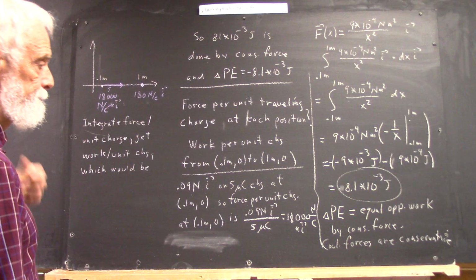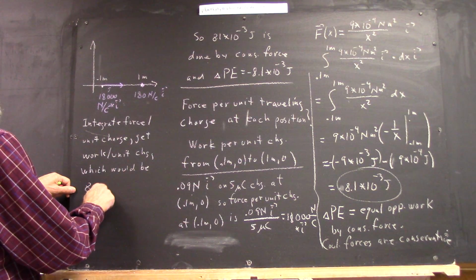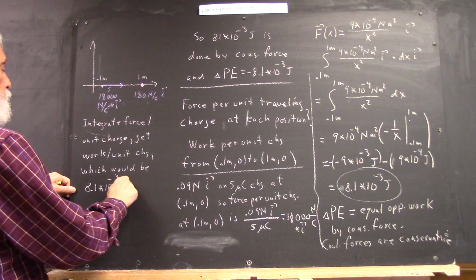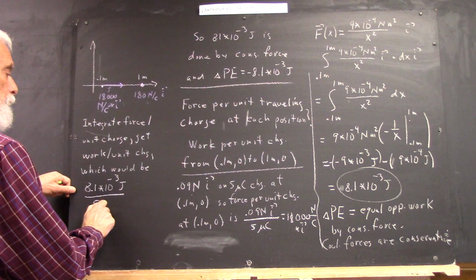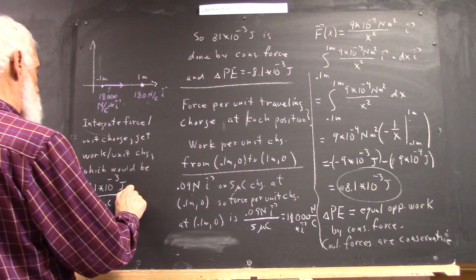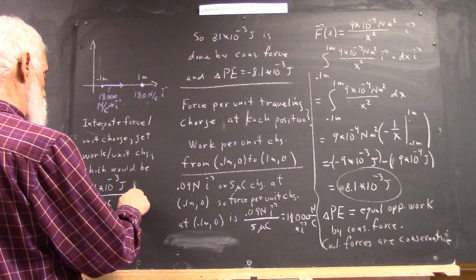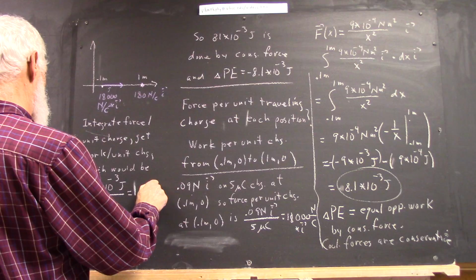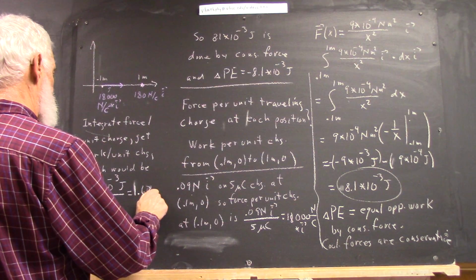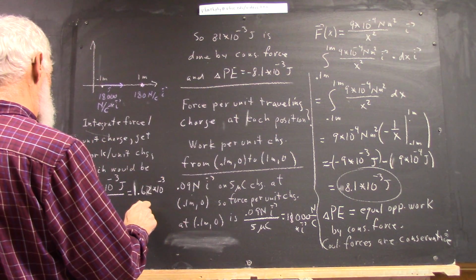Which would be your 8.1 times 10 to the negative third joules divided by 5 microcoulombs equals 1.62 times 10 to the negative third.